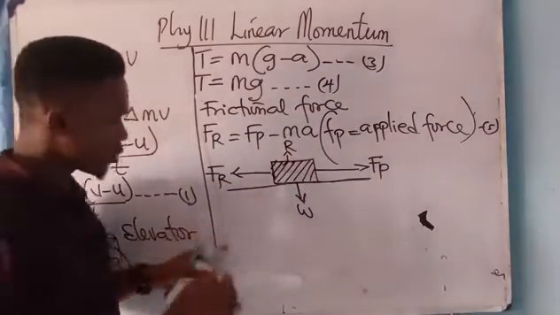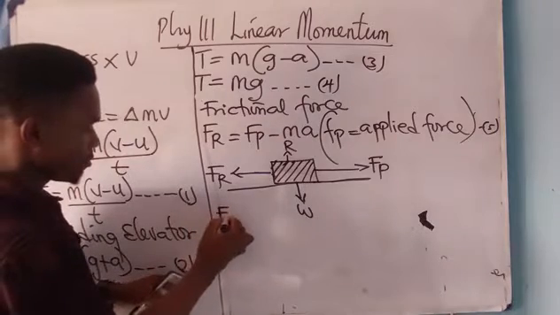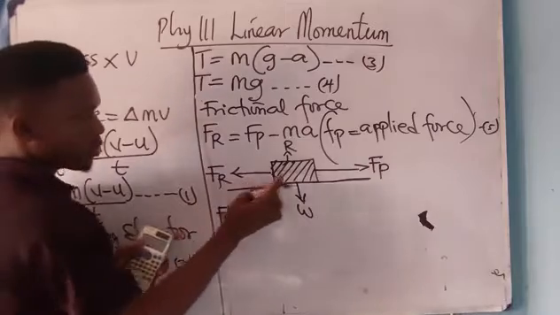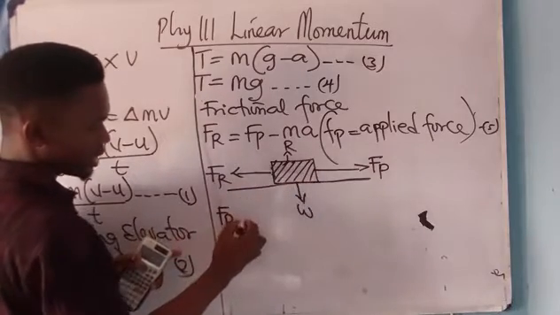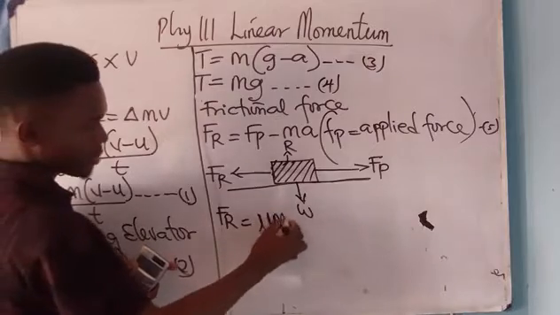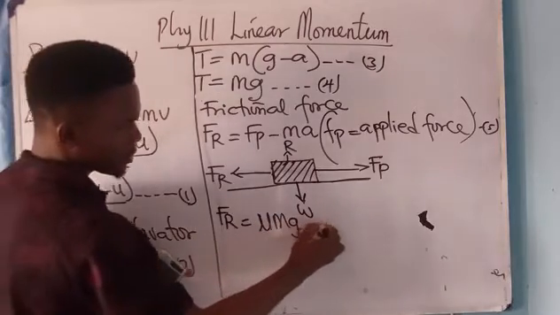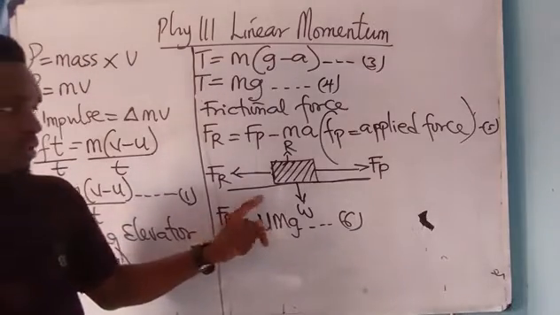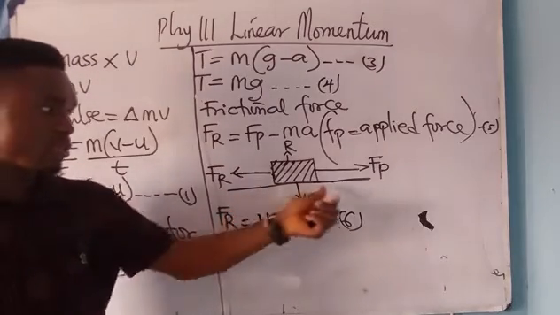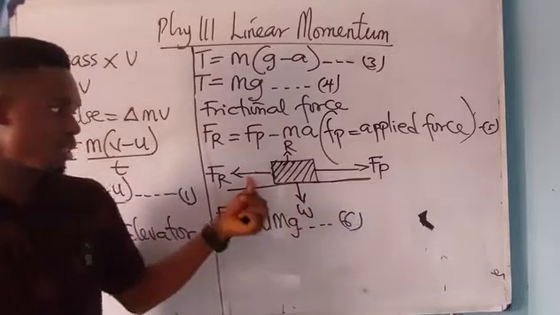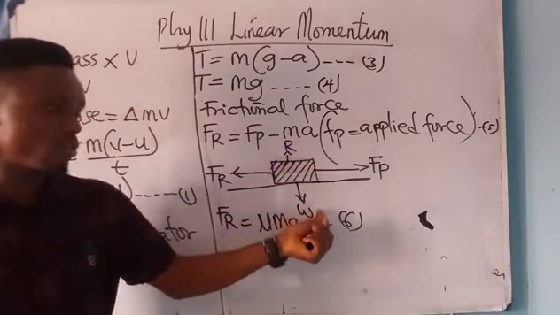Now, the frictional force of this mass being laid on a horizontal plane is usually the coefficient of static friction times mg. So this is case 6. When an object is just found laid on a horizontal surface, you have the applied force, the frictional force, the normal force, and the weight.